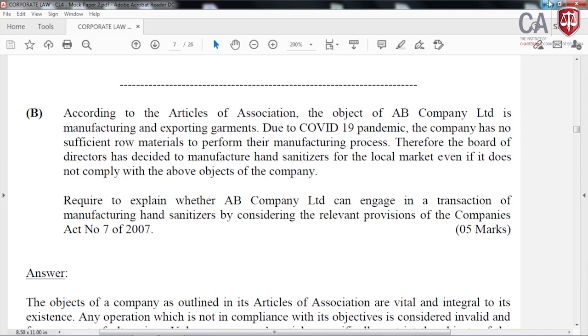Now, if you go back to the question, it says according to the Articles of Association. What is the Articles of Association? I have told you last time, as well as during the lecture series, and now you have a very good understanding that it is a part of the constitution of a company.